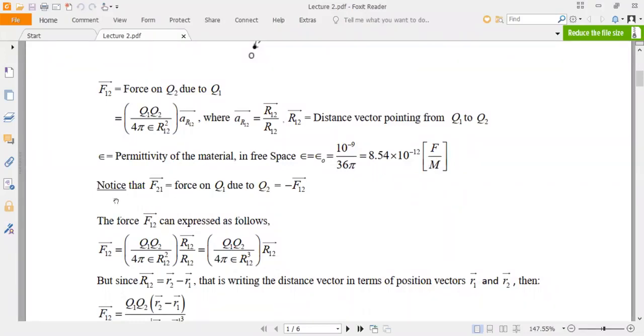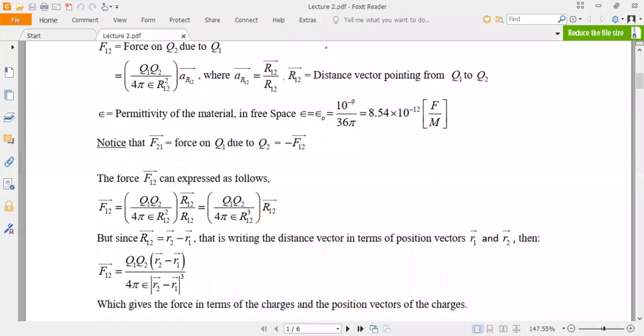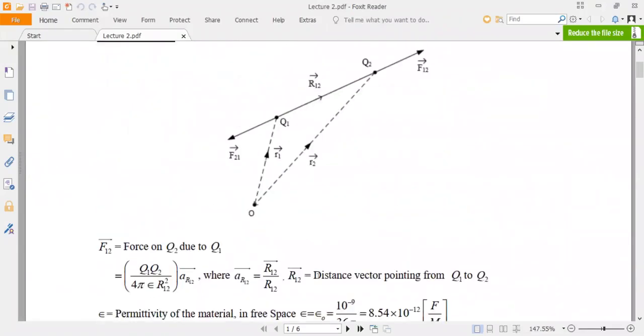F12 was the force. Let us see how this F12 looks. So this is the F12 force. If you have this charge Q1 and this charge Q2, then the force is in this direction, which is the unit vector a, R12 direction, or along the direction of your distance vector.